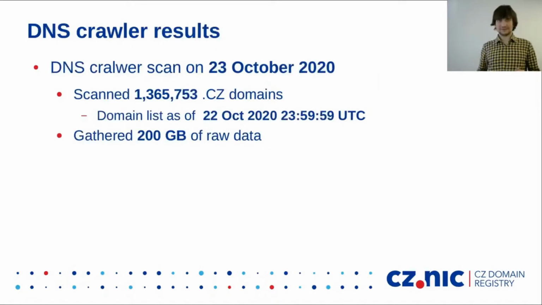And we ran DNS crawler and scanned all the .cz domains on 23rd of October, and we gathered around 200 gigabytes of data, which we subsequently analyzed.